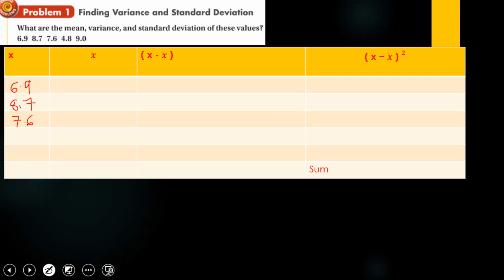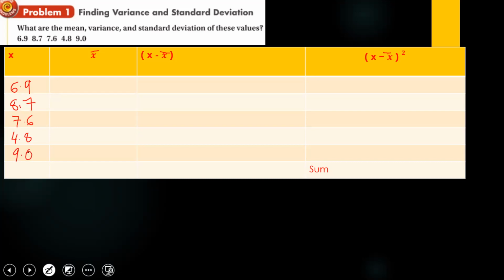The table must show x, the values, then x bar, the mean, then in the third column x minus x bar, and then x minus x bar squared. If I ask you to find the standard deviation, you have to draw this table. Then you put these numbers here: 6.9, 8.7, 7.6, 4.8, and 9.